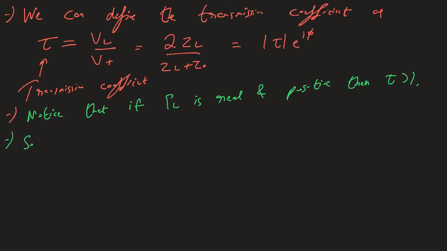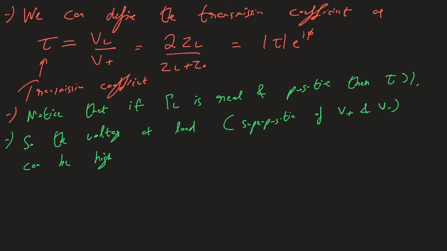So the voltage at the load, which is a superposition of V plus and V minus, can be higher than V plus. Now you might say that this is a problem. Are we violating the principle of conservation of energy?